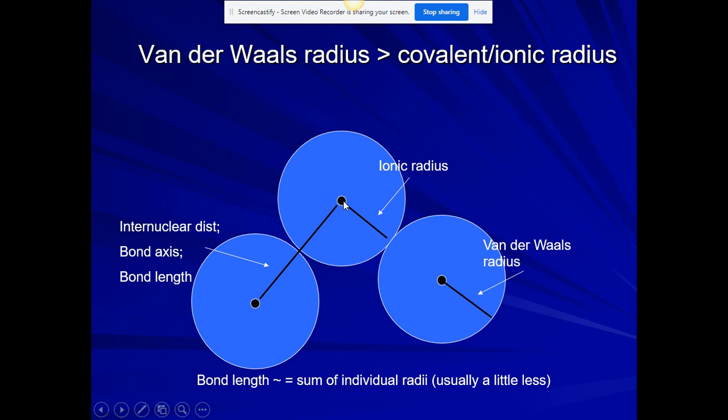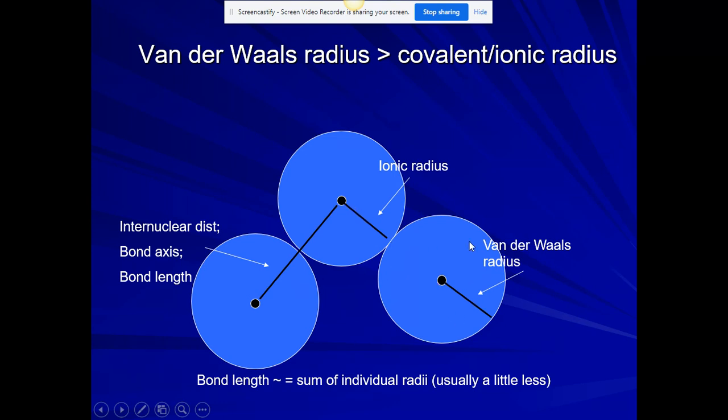There are a couple of things to look at when we're looking at this bond length, the length of this chemical bond, whether it's shared or an ionic compound where electrons are donated. If we're dealing with an ionic compound, we have to look at what the atom is. If this is a cation, it's going to lose some electrons, and as it loses electrons, its ionic radius is going to get a little shorter.